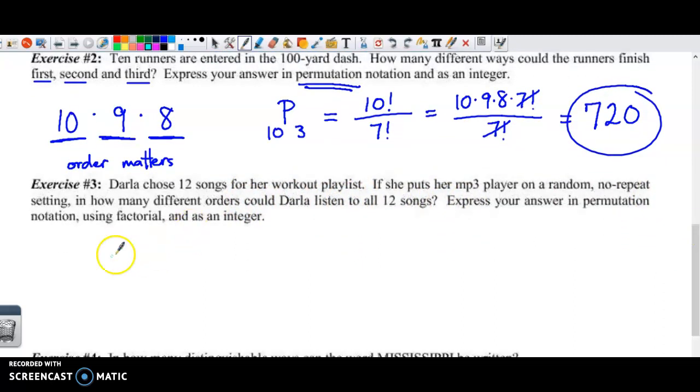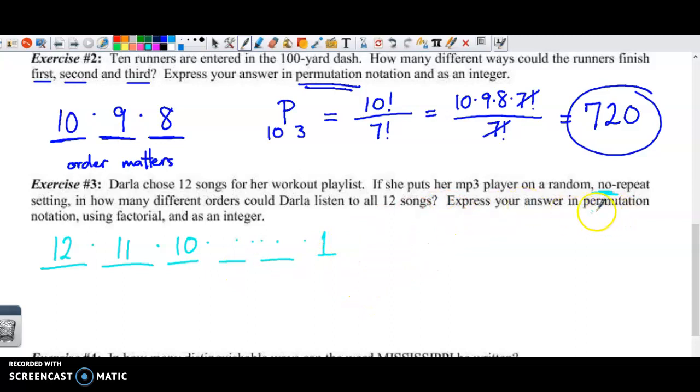So you could do it this way. You could set it up as 12. So she had 12 songs to listen to the first one, but then if you can't repeat, then there's only 11 for the second. I'm already tired of writing this. I hope you see the pattern. If you don't see the pattern, please let me know. And we want to listen to all 12 songs, so we go all the way down to 1.